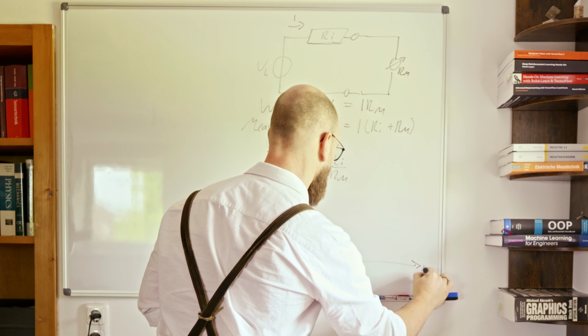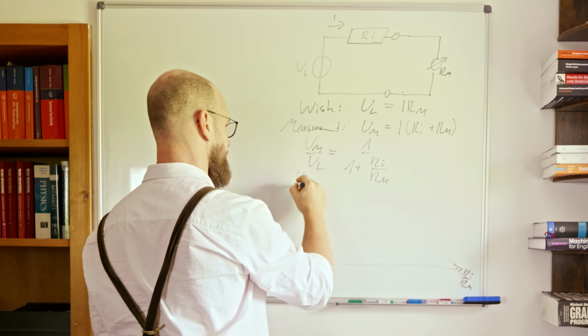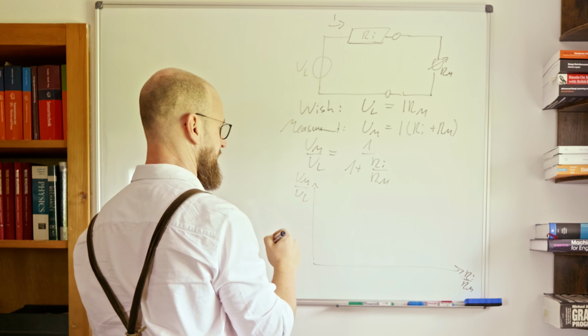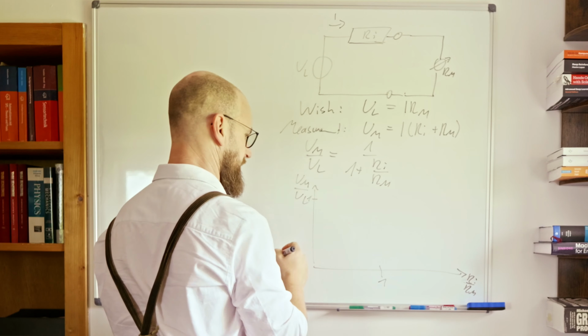with a relationship of Ri over Rm and a relationship Um over UL, some ratio 1 here and some ratio 1 here.